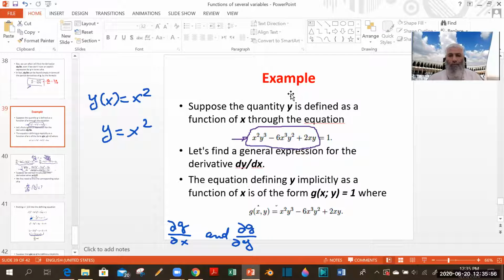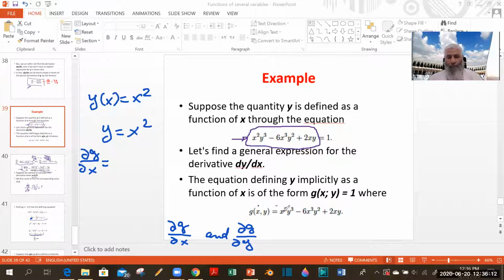So we need now to calculate what dg dx is from here, the derivative of g with respect to x.